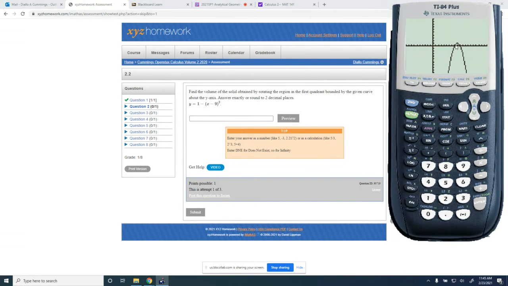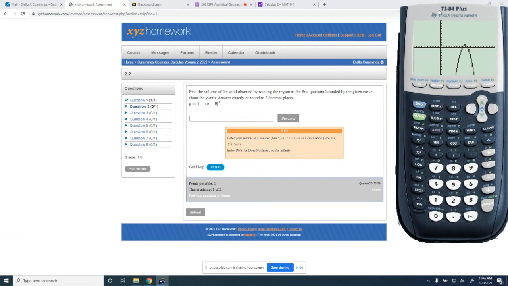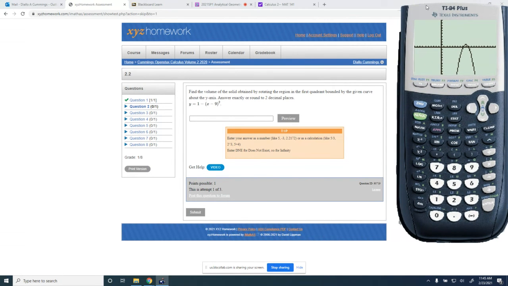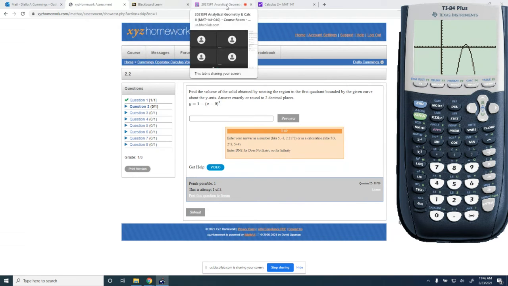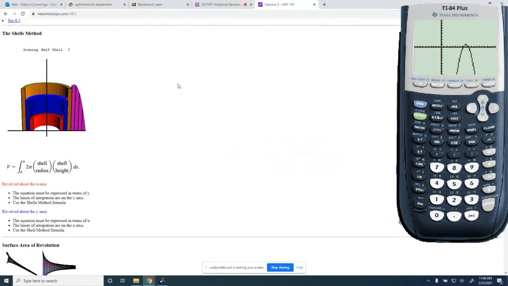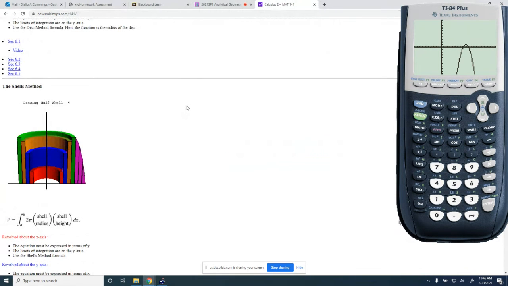All right, so notice that our equation is expressed in terms of x. We're rotating this about the y-axis. So I'm going to go back to our disk method and shell method conditions. Okay, here it is.